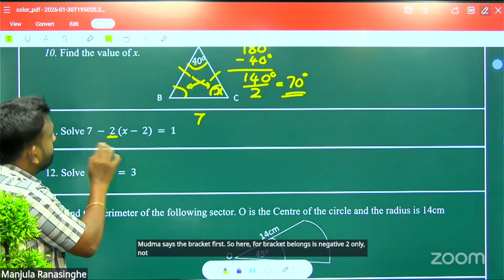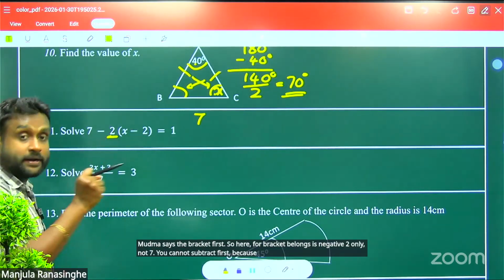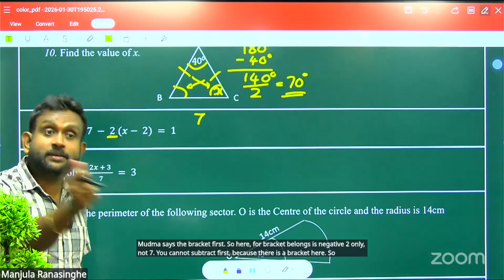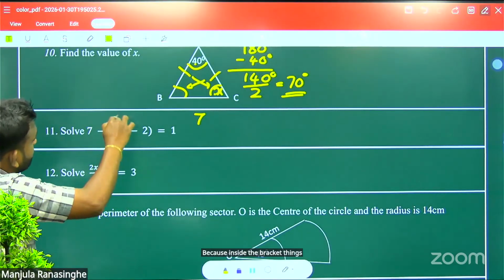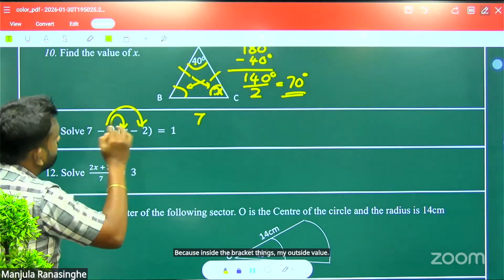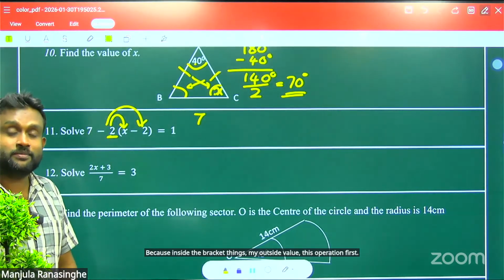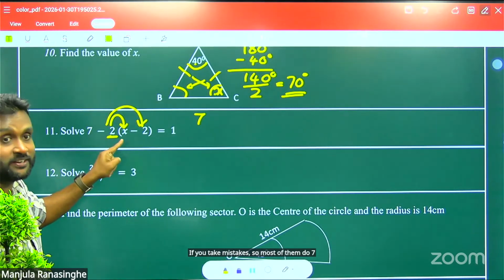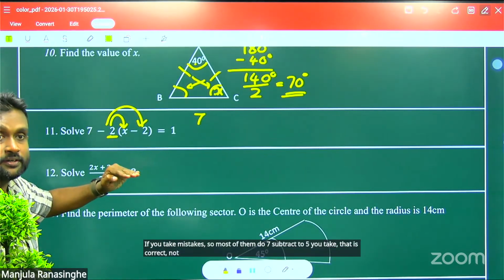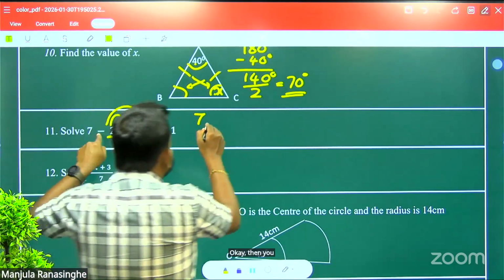You cannot subtract first because there is a bracket here. So you need to multiply first, because inside the bracket things by outside value, this operation first. If you make a mistake, most of them do 7 subtract 2, you take 5, that is not correct. Okay, then you keep 7 as it is.